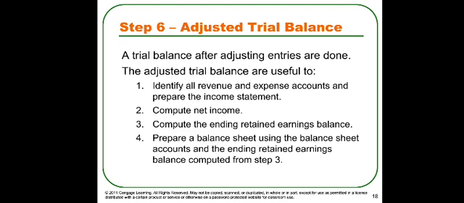In step 5 of the accounting cycle, you do adjusting entries. You have made adjustments to the accounts. Now, in step 6, you prepare a new trial balance, a trial balance after the adjusting entries.